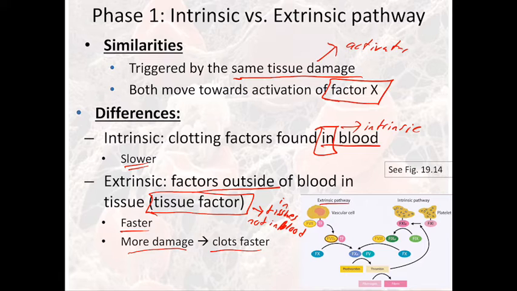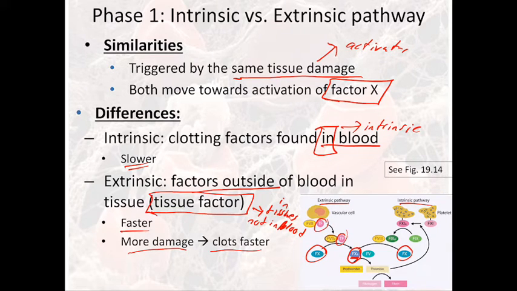So this image shows the two pathways, the extrinsic pathway here. TF is tissue factor. Again, that forms factor 10, factor X right here. And this is factor X over here as well. The key thing is that they both lead to the activation of factor 10.